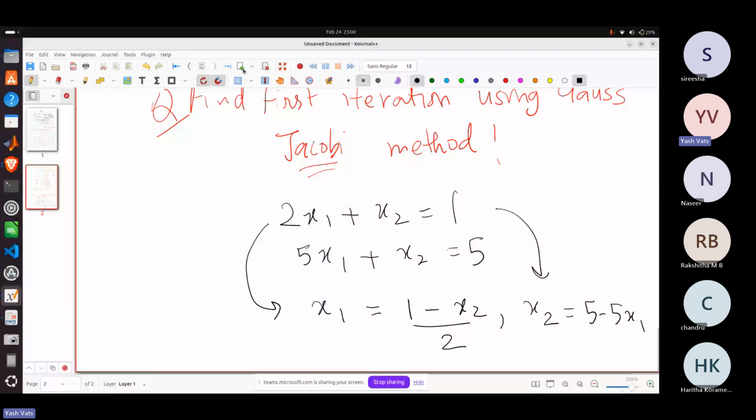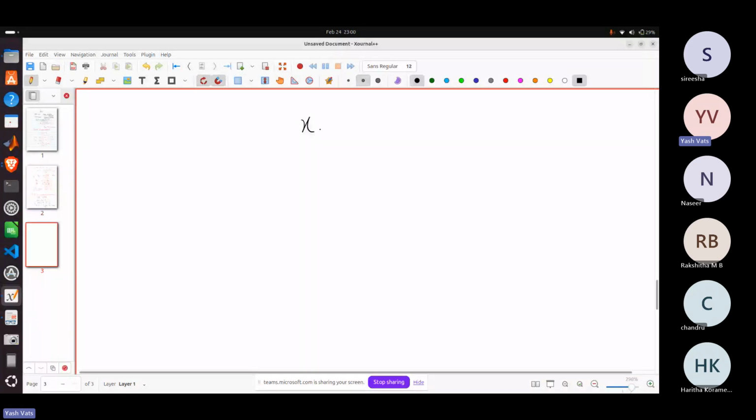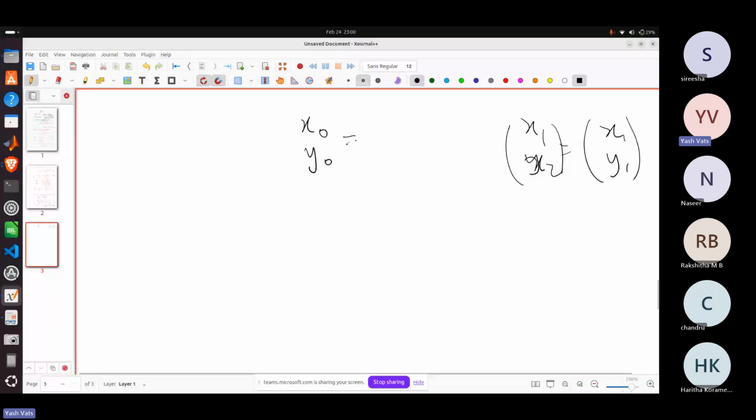So the first initial point, x1 x2, is your x1 y1 in this case. So x naught y naught is given to you as 1, 1 suppose. Then what is your x1 y1, x2 y2 and so on?